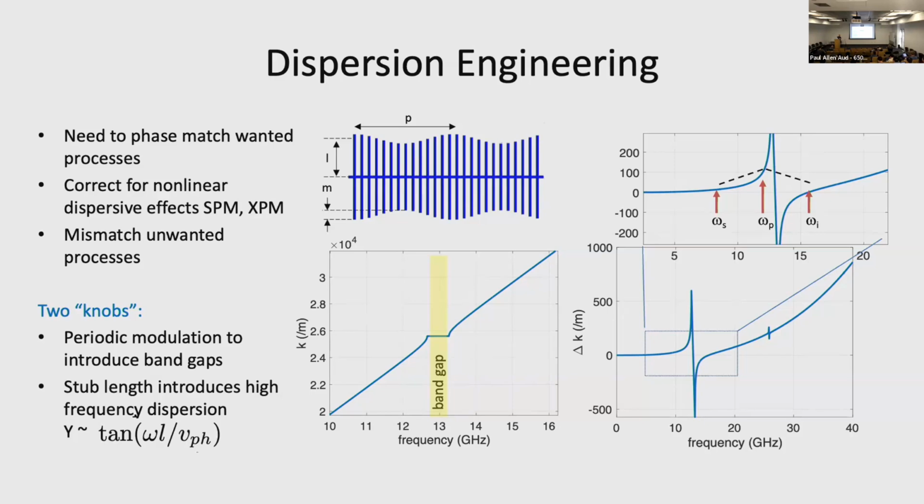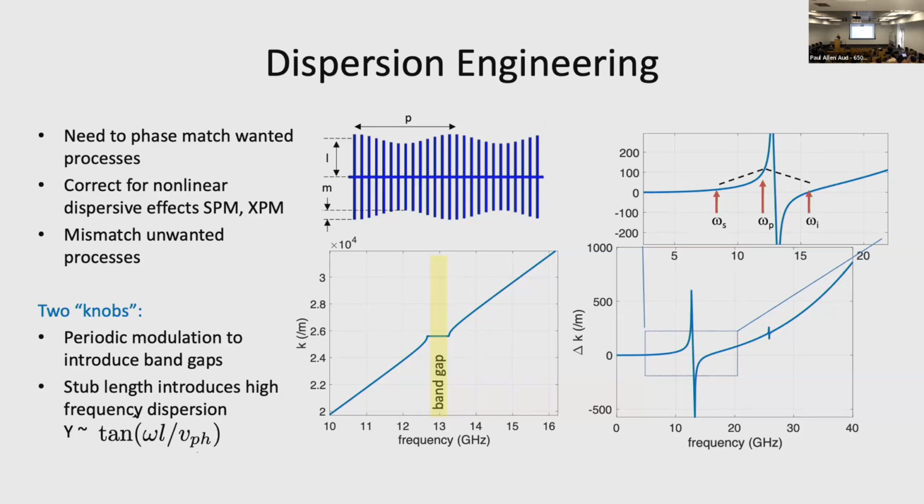But the superconducting transmission line, at least well below the gap frequency, is virtually dispersionless, meaning that you can end up matching a number of these different processes, and then you end up with a cacophony of tones, and the device doesn't work very well.